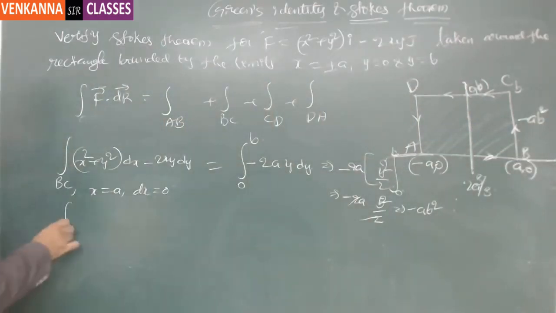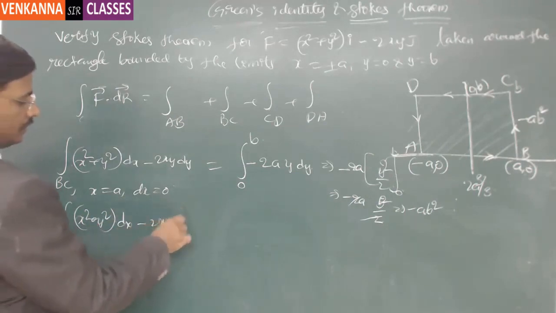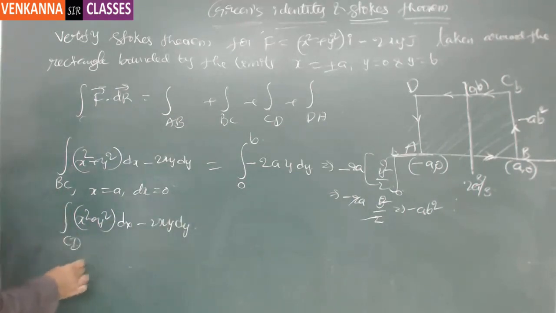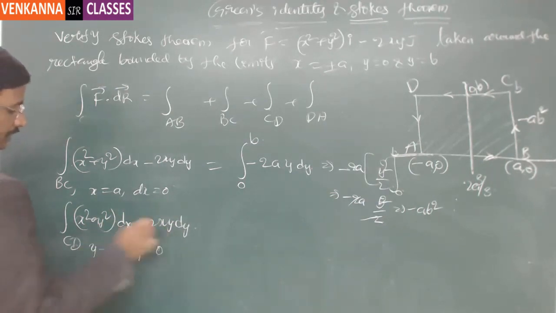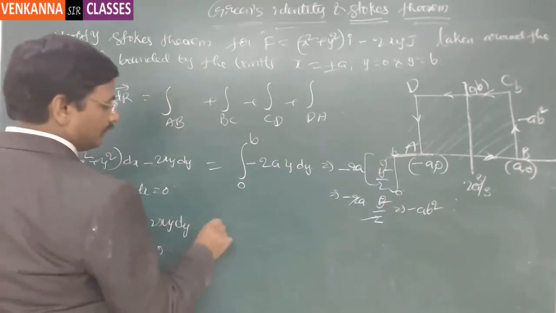Similarly, the line along CD. Again the integrand is (x square plus y square) dx minus 2xy dy. Now the line is at y equal to b, so dy is 0, and the x limits vary from plus a to minus a.